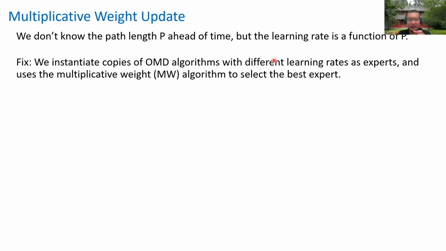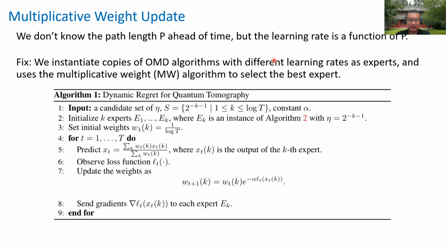In general, we need flexibility about what the learning rate is. We achieve this by instantiating copies of the online mirror descent algorithm with different learning rates as experts. Basically, we just compete between different experts, and we update the corresponding weights. These experts use the multiplicative weight idea to select the best expert.